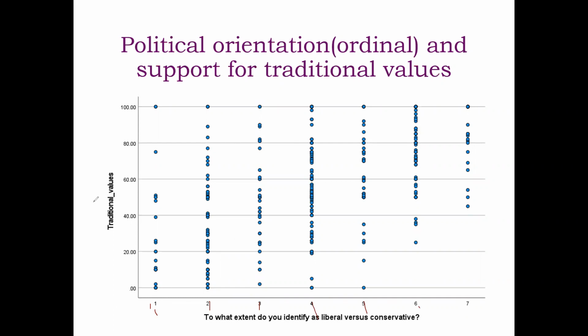Traditional values was scored how much do you support traditional values, and you pulled the bar from 0 to 100. And we can see that it looks like there is a positive correlation here because there are no low values of support for traditional values at 7, and there are very few high values at 1, which was very liberal, right?